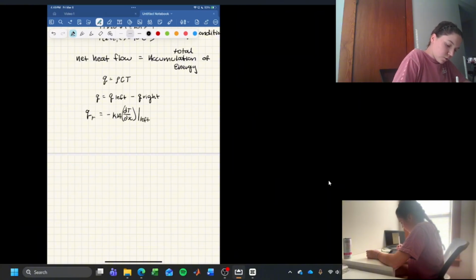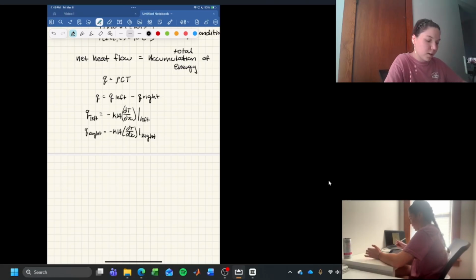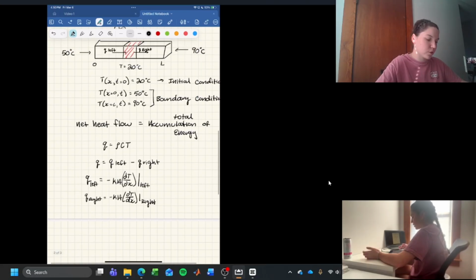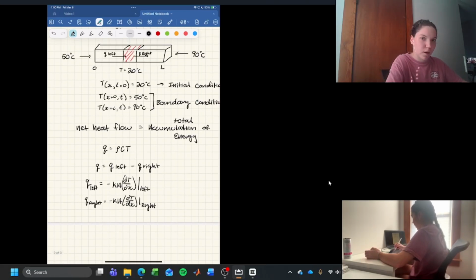This is going to be Q left and then Q right is the same way. And then this area is going to be the area of the rod, or the cross-sectional area of the rod, which is that pink section up here.